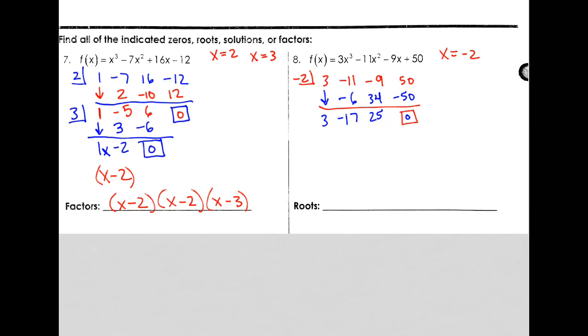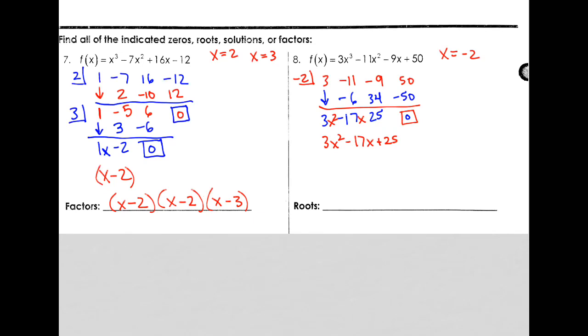And so let's do what I do here, and we'll count backward, x to the 0, x to the 1, x to the 2. And so that is x squared. That becomes 3x squared minus 17x plus 25.